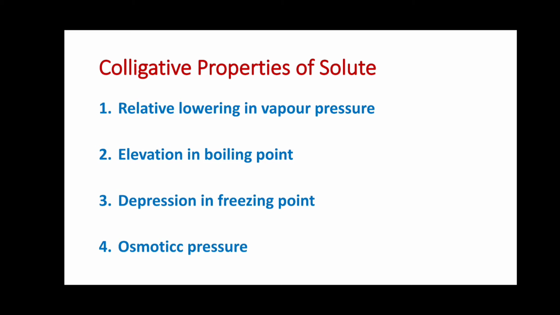Colligative properties are four types. One is relative lowering in vapor pressure. By adding or removing particles of the solute, we can lower the vapor pressure of the solution. Next, elevation in boiling point. This is one of the colligative properties. Elevation in boiling point means you increase the boiling point of the solution by adding solute particles.